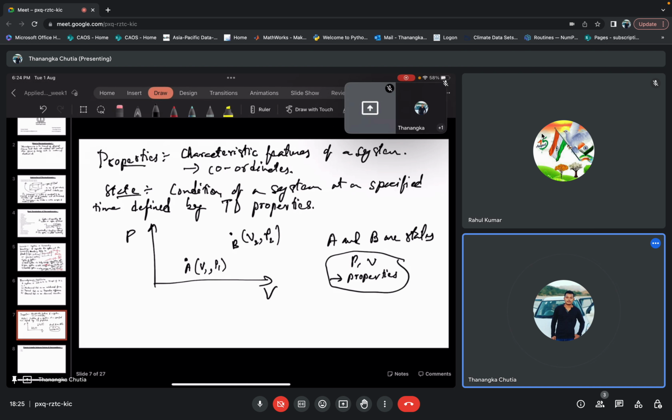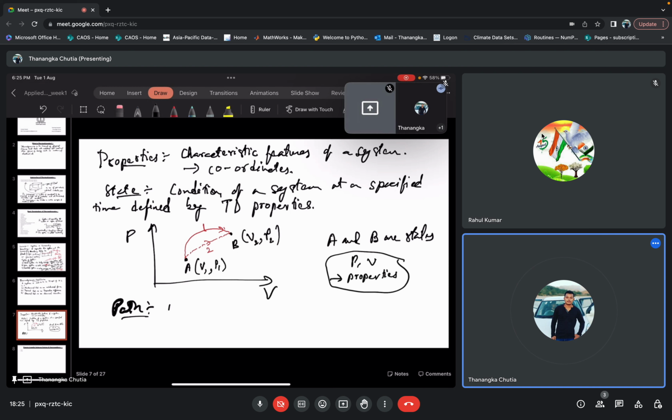Then the next is process. Now from point A to point B, I can go by this path, I can go by this path. This is path 2, this is path 1. Sorry, before process we should actually come to path. Okay, so what is a path?